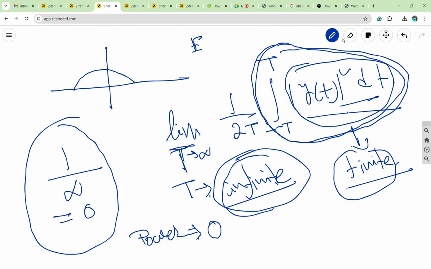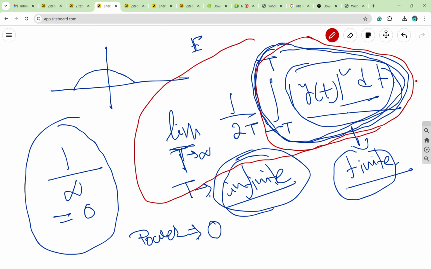So your question is why the energy formula is only this, and why, if I take the whole term, it is power. Yes, sir. Okay.